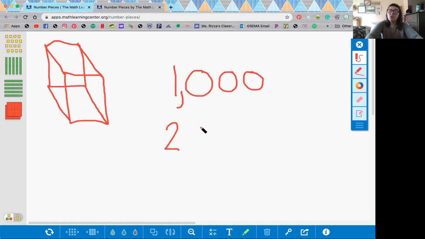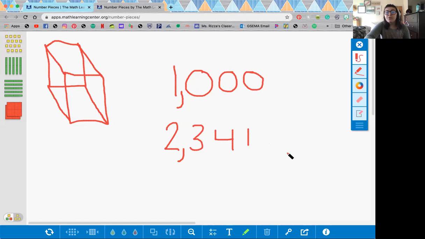So let's say we had 2,341. I'm still going to go over 1, 2, 3 spaces over and put my comma in. And even if my number was way, way bigger and I had more digits on this side, I would still keep going 1, 2, 3, comma, 1, 2, 3, comma.